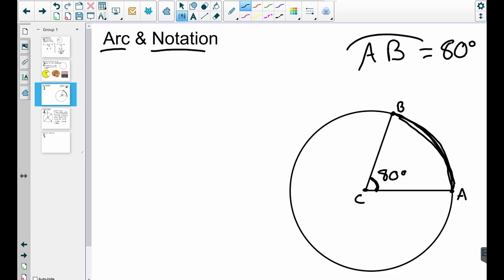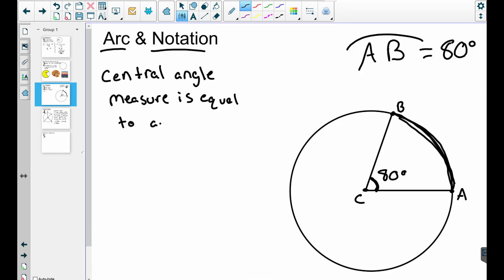This arc here, created by central angle BCA, is 80 degrees because BCA equals 80 degrees. So, central angle measure is equal to arc measure.